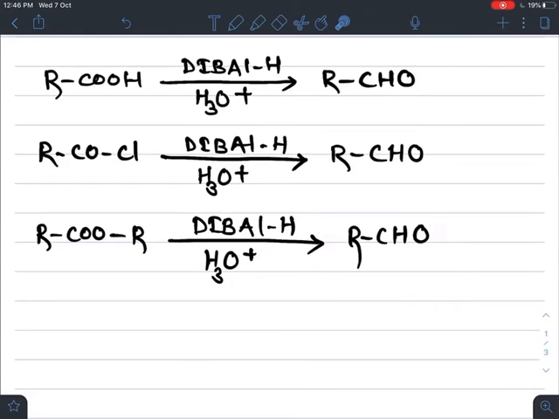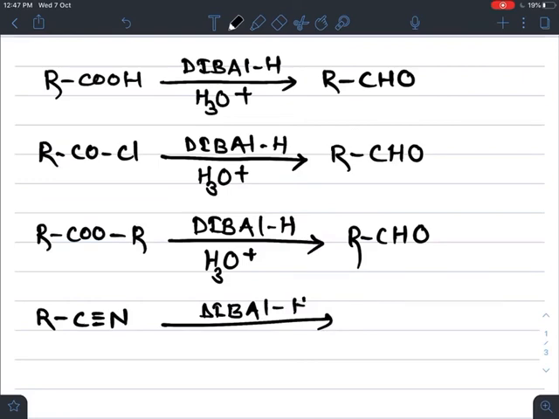By using diisobutyl aluminum hydride, we can convert nitriles, RCN, into their corresponding aldehydes.